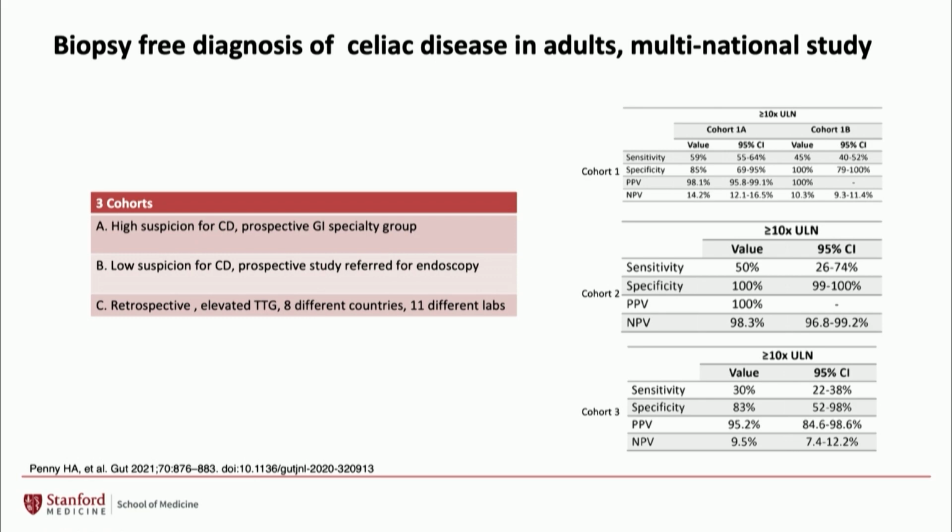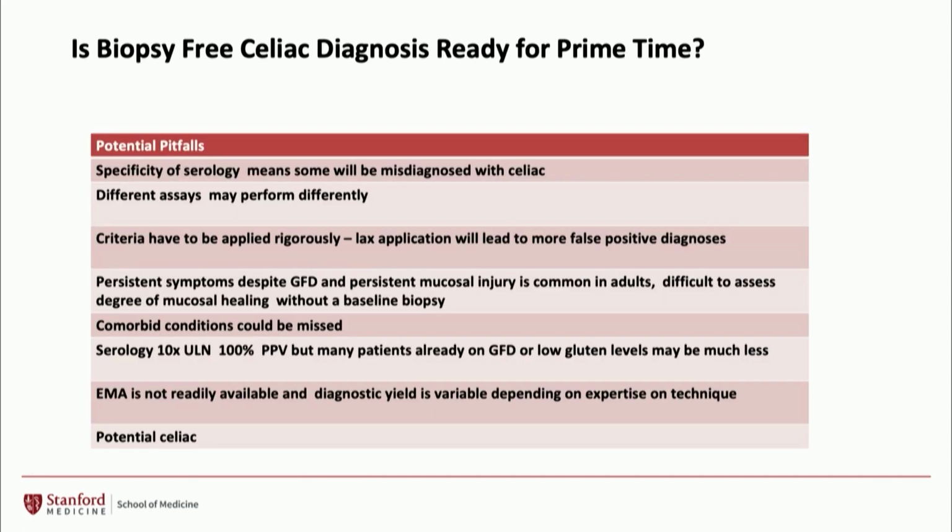In both cohort 1 and 2, the positive predictive value was quite high, 98 and 100. But when you look at cohort 3, where we're dealing with different assays, different labs, that positive predictive value was 95, which means that 1 out of 20 patients could be misdiagnosed with celiac disease.